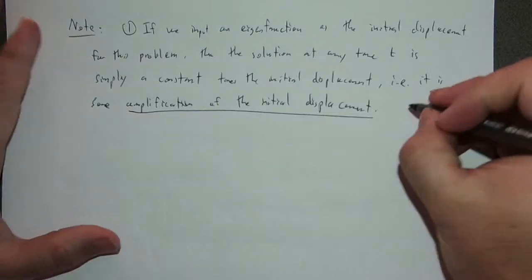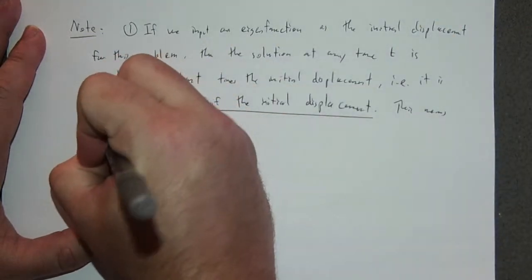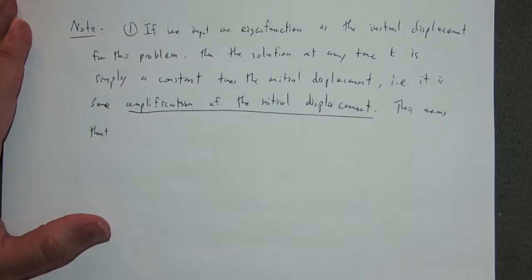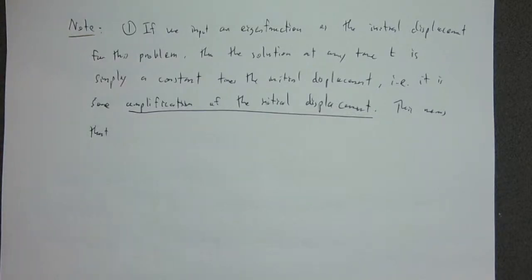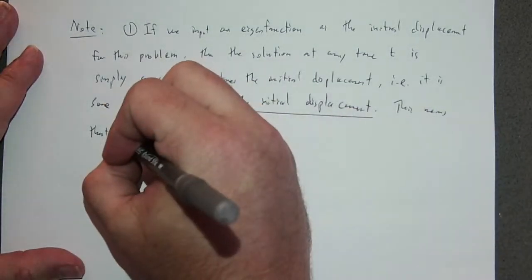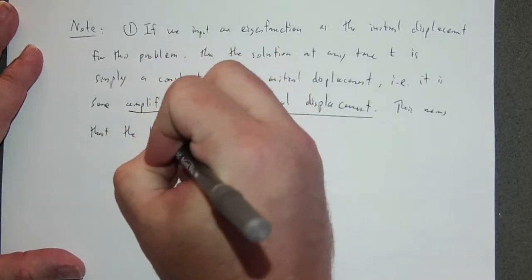It means that the basic shape is preserved here. If you go back to thinking about this initial disturbance as being like a signal that's propagated in some way, then the shape of that initial signal is preserved. So in particular, this means that the basic shape is preserved.